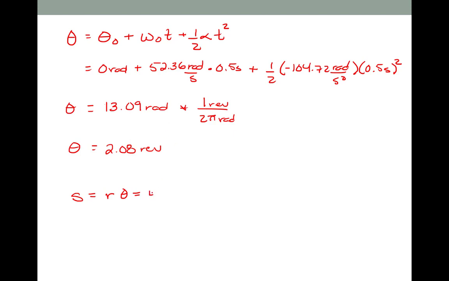So that was 4.5 centimeters times 13.09 radians. 4.5 times 13.09 is 58.91 centimeters. So a point on the edge of the CD will move 58.91 centimeters as the CD slows down.